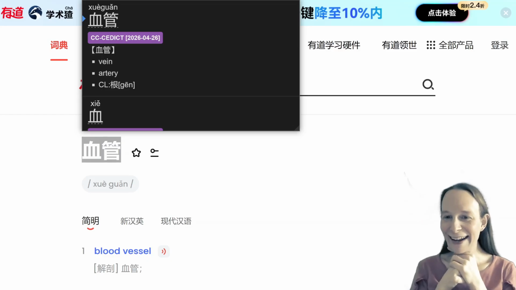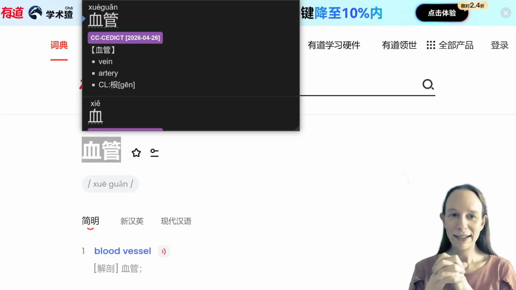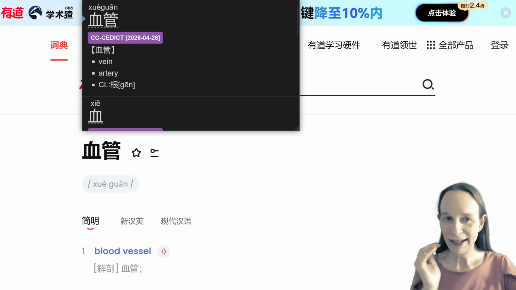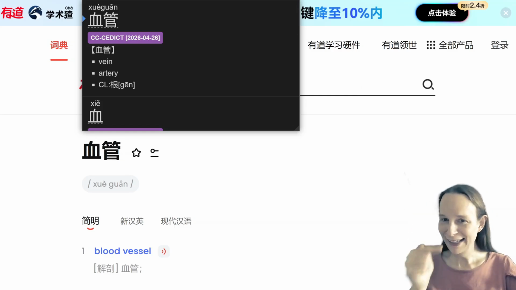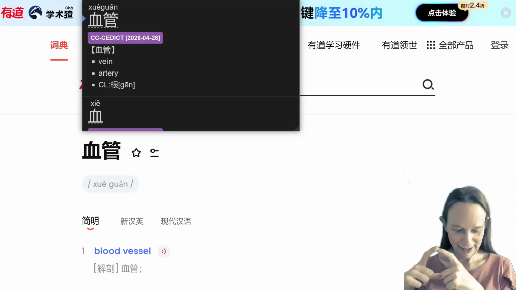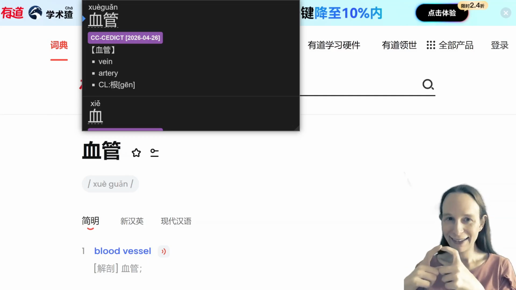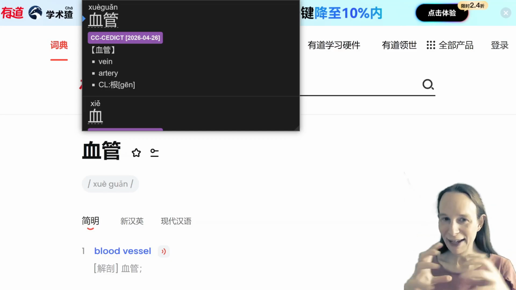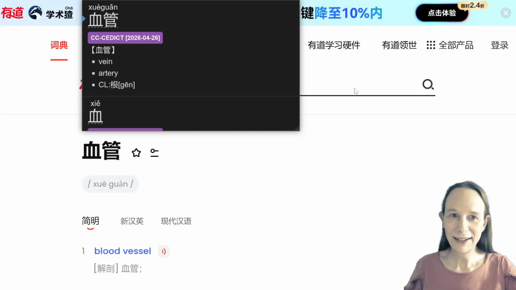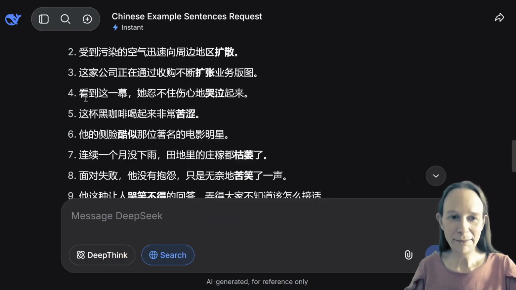I should study anatomy at some point. 血管. Okay, veins and arteries. So 动脉 and 静脉. 动脉 is artery, 静脉 is vein. 血管, okay, it's both of them. And 扩张血管. So expand your veins and arteries. I'm not sure if you'd want to do that. Maybe there are medical reasons to do that.